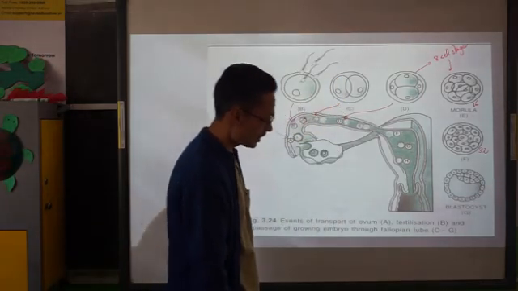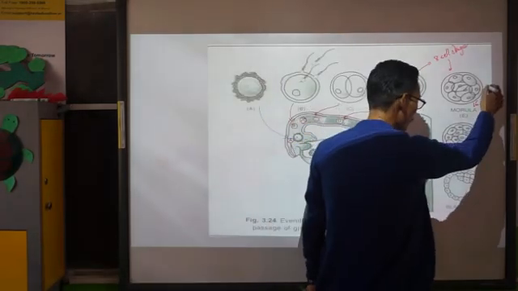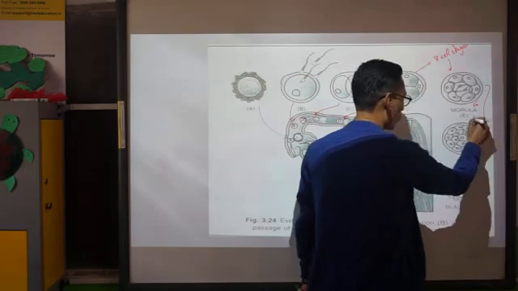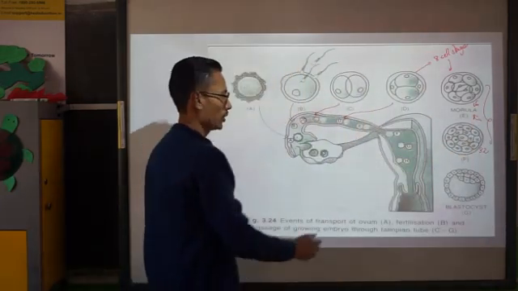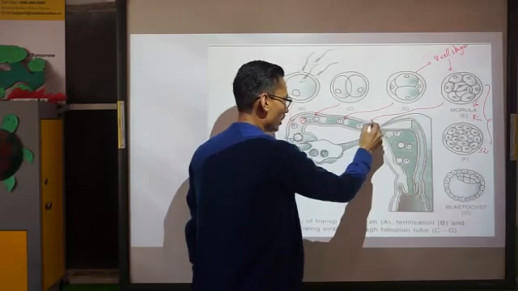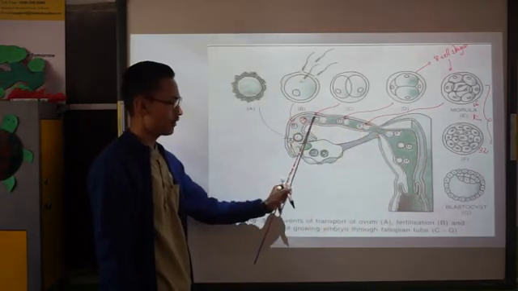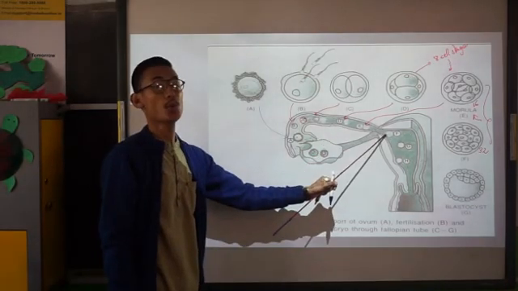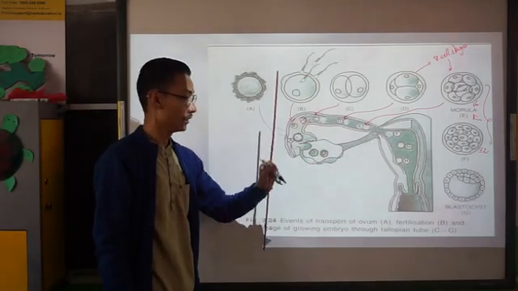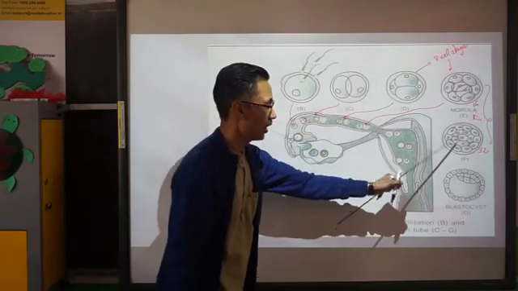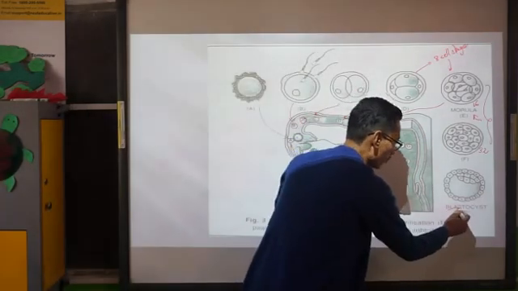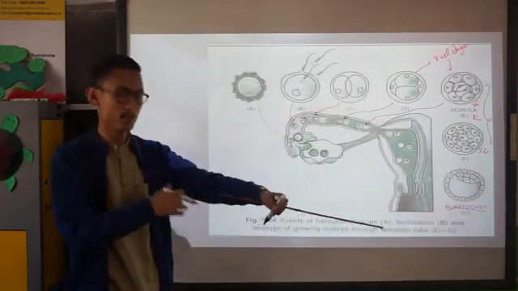So an embryo with 16 or 32 cells is known as a morula. So you can see over here, this particular one, point E, is the morula, slowly moving from the fallopian tube towards the uterus. Clear? Now, this morula will change into a blastocyst, which we will discuss now.